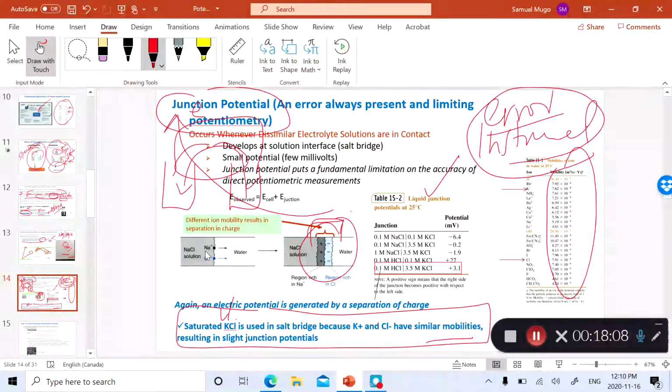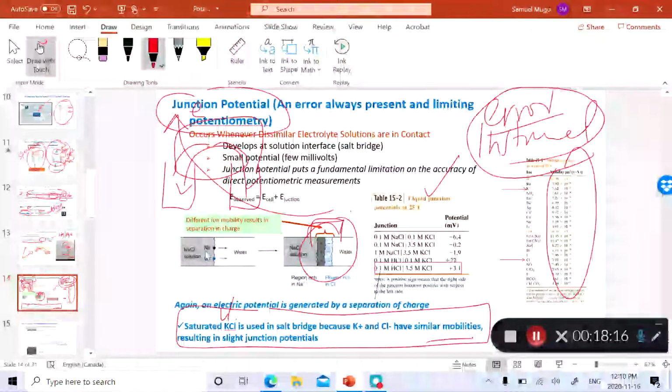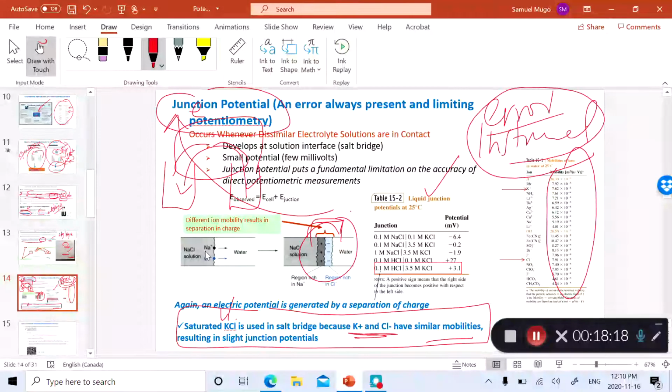That is why in most potentiometric or even voltammetric techniques, potassium chloride is the most common electrolyte out there, because the ion mobilities are very similar, and so they minimize the junction potential.